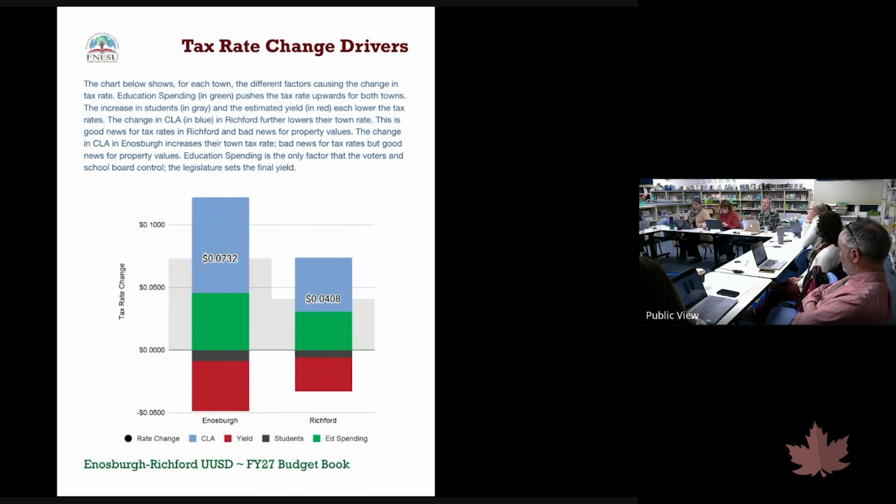Okay, and yeah, please send thoughts my way if you have other ones. Before we leave this slide, I just want to remind folks that the yield number that we're using is the one that comes out on December 1st from the tax commissioner. We know that's not going to be the final yield number.